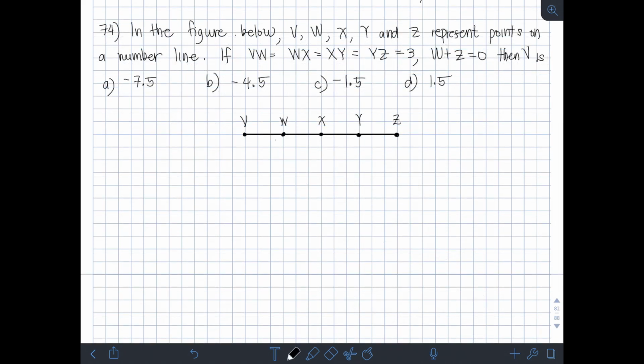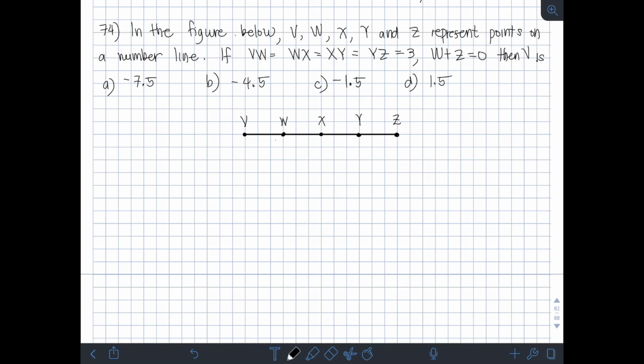Next, we have in the figure below, V, W, X, Y, and Z represent points on a number line. If VW equals WX equals XY equals YZ equals 3, W plus Z equals 0, then V is, okay, so, line segments with coordinates on number line.